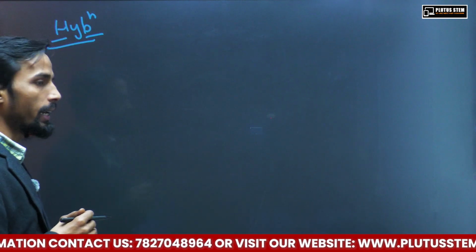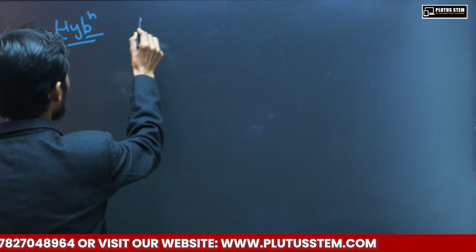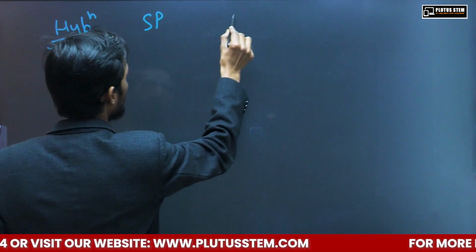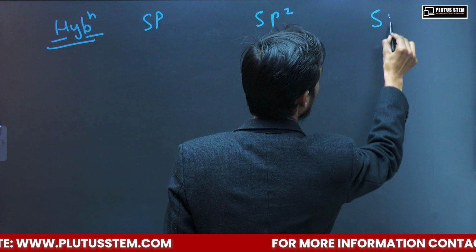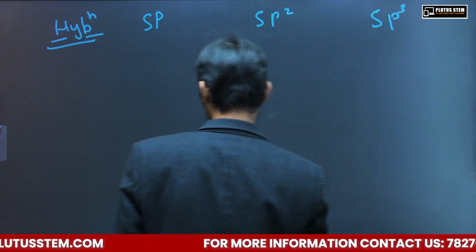Over here we have studied these concepts in quite detail. On the basis of organic chemistry, we are only going to deal with three types of hybridization: sp, sp2, and sp3.